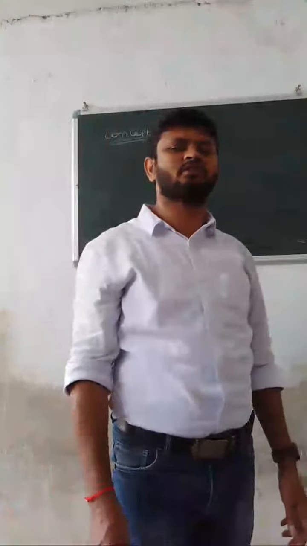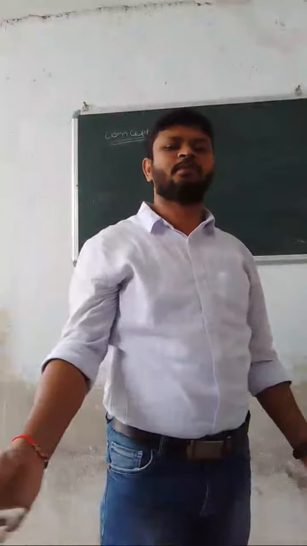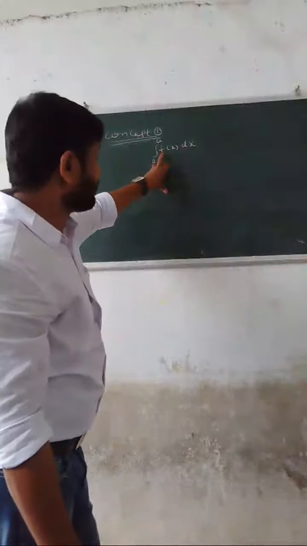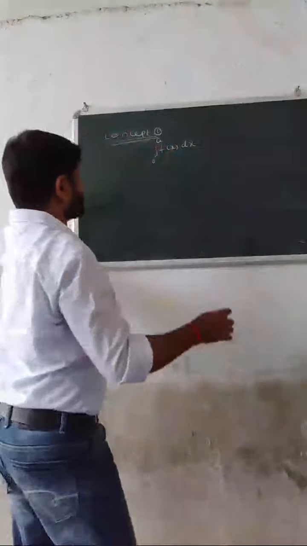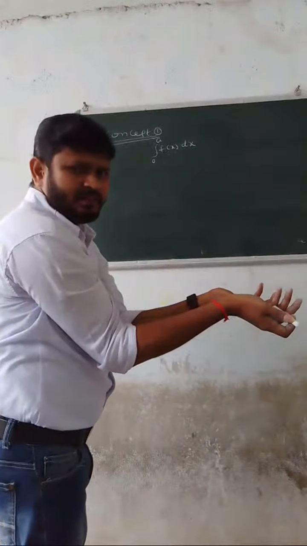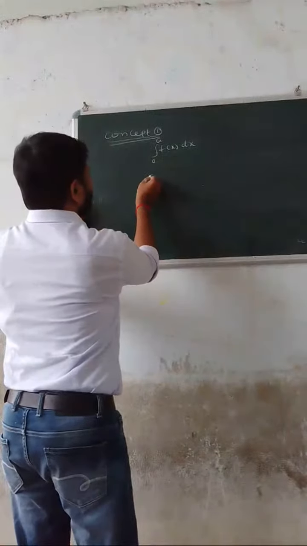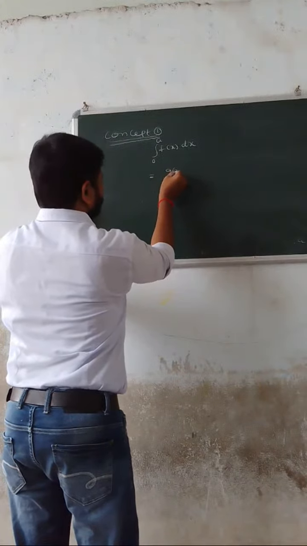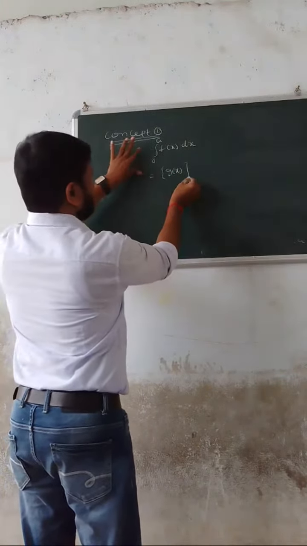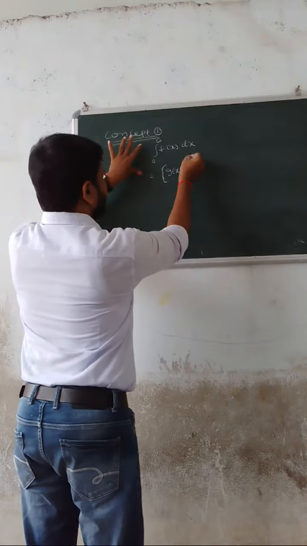In indefinite integration you already learned the procedure of integration. We know that f of x is a function, and its integration we take as g of x. Integration completed. Now put the bracket and here the limits.